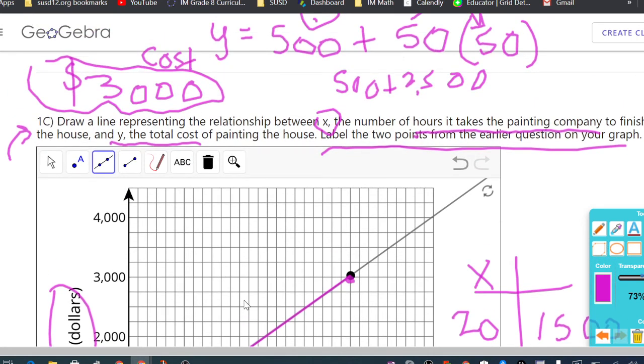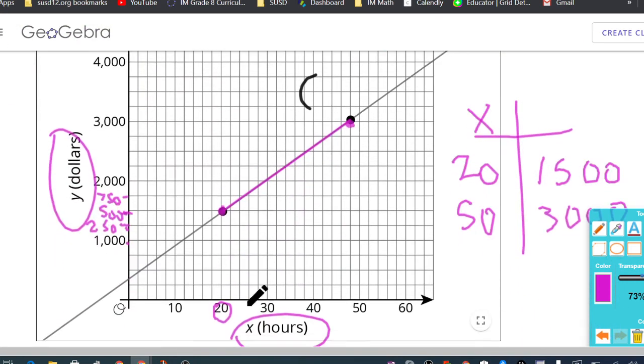It says label the 2 points from the earlier equation on your graph. Do you want to label those? Why don't we do that? This point is X equals 50, Y equals 3,000. And this point is X equals 20, Y equals 1,500.